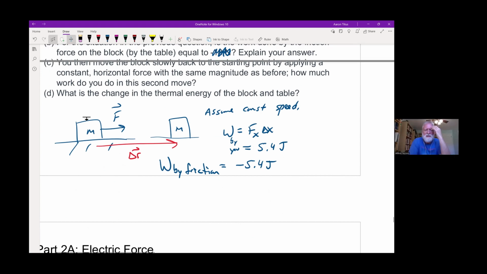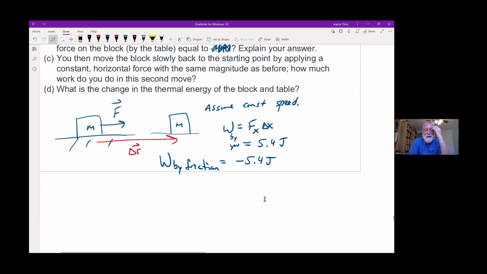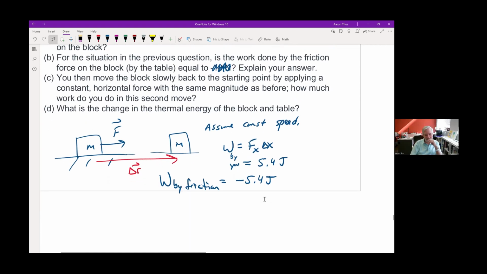Well, there must be something because we know that if we use the work kinetic energy theorem, there's no change in kinetic energy. So the total net work must be zero. So there must be something that's negative that's getting rid of our 5.4 joules of work. I don't know what it is. We could call it friction by definition, but I don't think that's the point of view of Matter and Interactions.